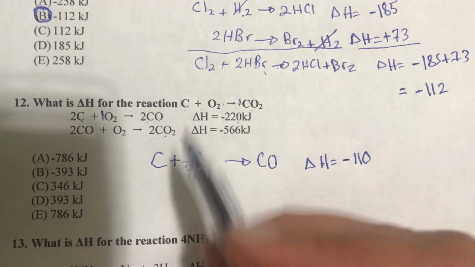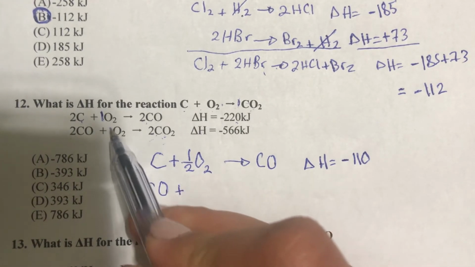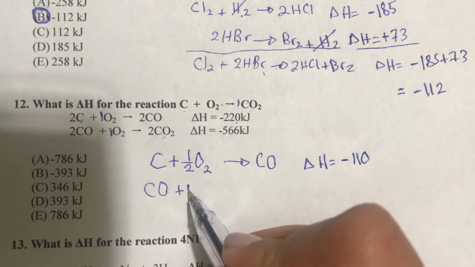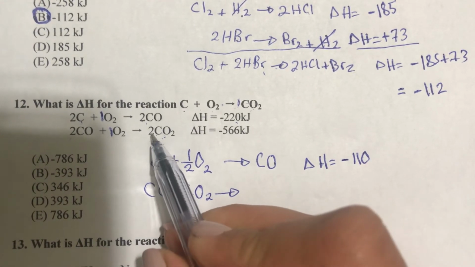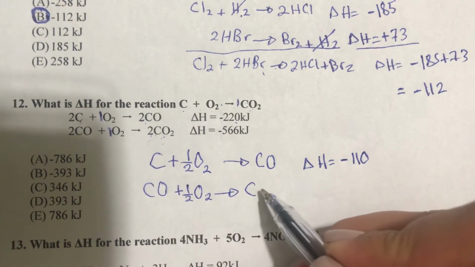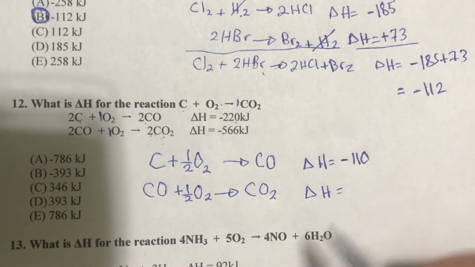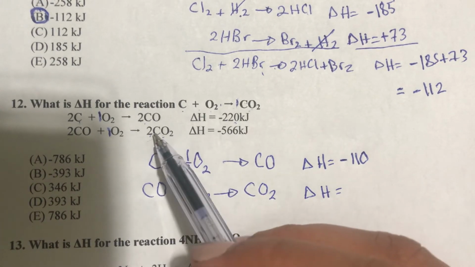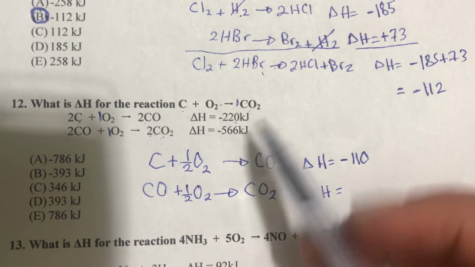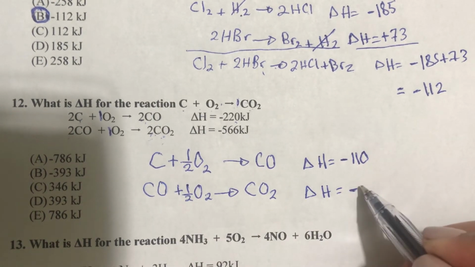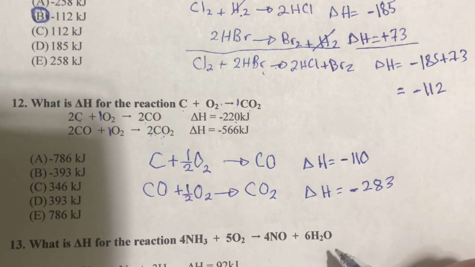So 2 over 2 CO plus 1 mole divided by 2, half mole of oxygen to produce 2 over 2, 1 mole, so CO2. If you divide this reaction by 2, delta H also divide by 2, which is equal 283.